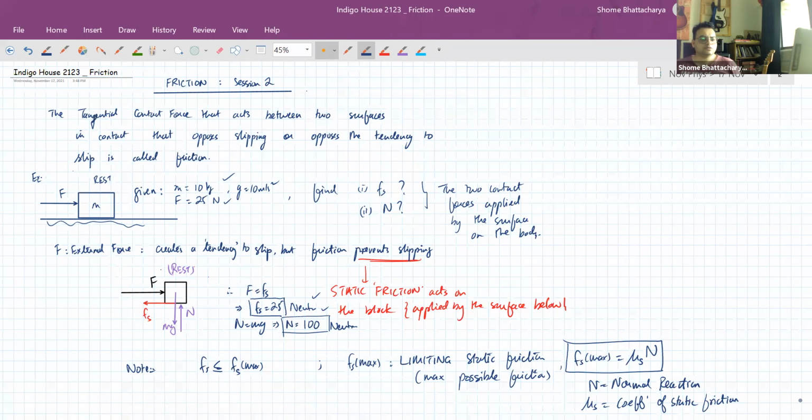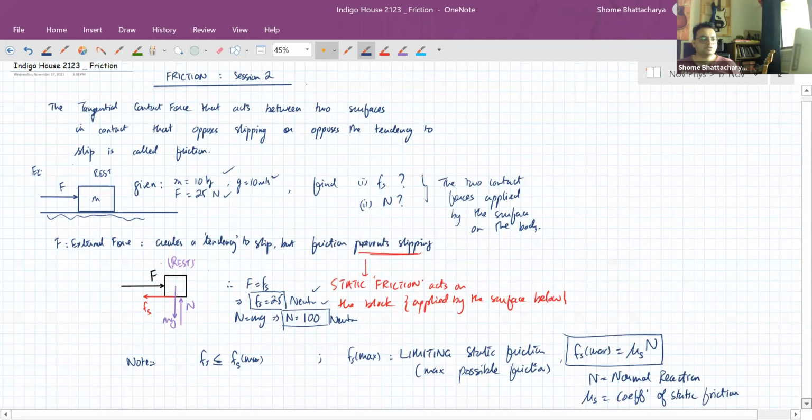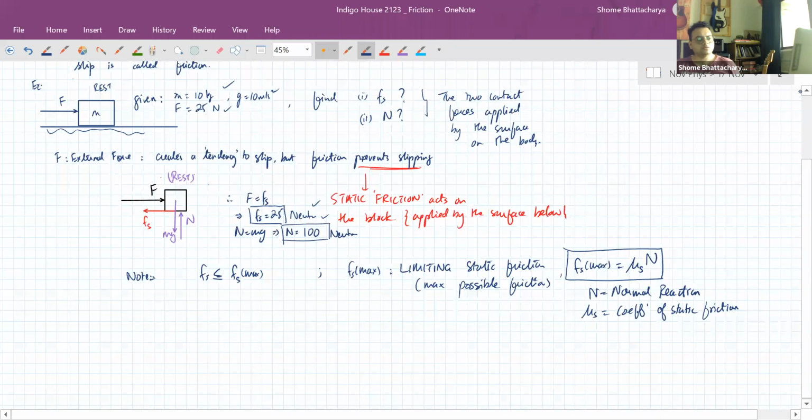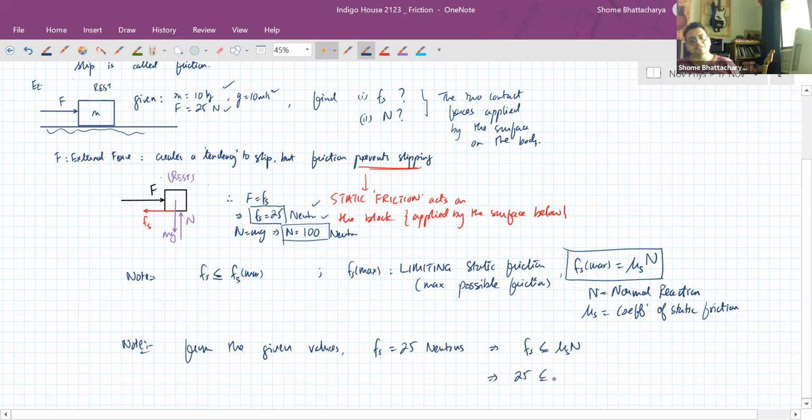Further from this, we can conclude one thing from the information given in this example. From the given values, the static friction acting, which is 25 newtons, is less than or equal to this limiting value. So 25 newtons is less than or equal to the coefficient of static friction times 100 newtons.